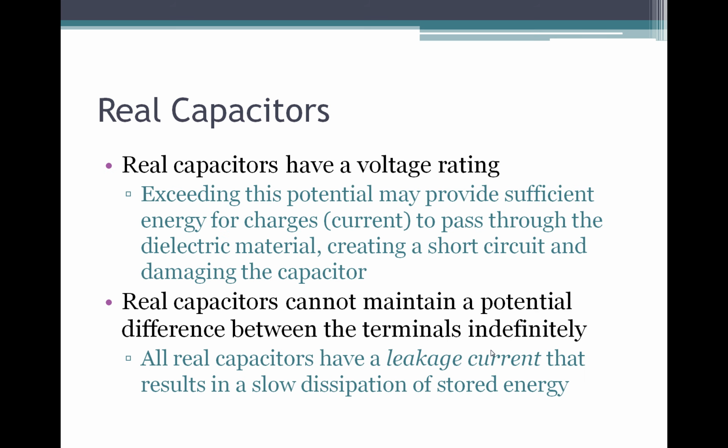Now, a couple of things that we have to keep in mind. We've been talking primarily about ideal capacitive elements. Real capacitors have a voltage rating, and we have to be careful not to exceed this potential because it might provide sufficient energy for charges or a current to pass through the dielectric material. This would create a short circuit and can damage the capacitor. In fact, spark plugs are a good example of a controlled discharge of a capacitor.